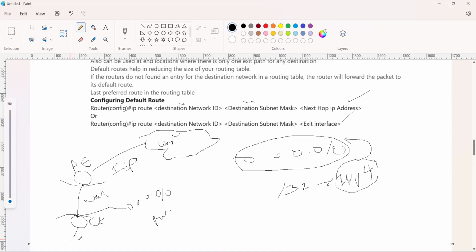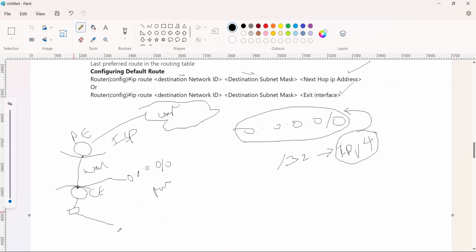This is your LAN location: one switch, and the switch is connected to one PC and one more PC. These are our end users. They can access likewise.